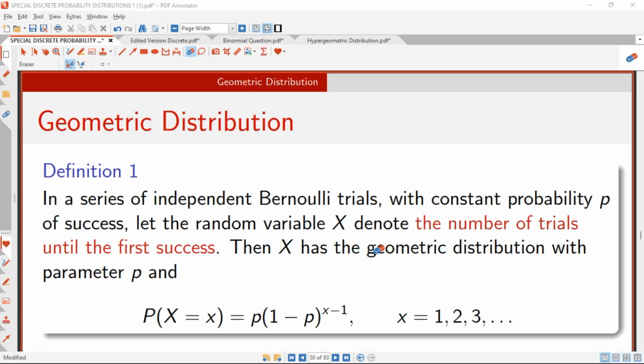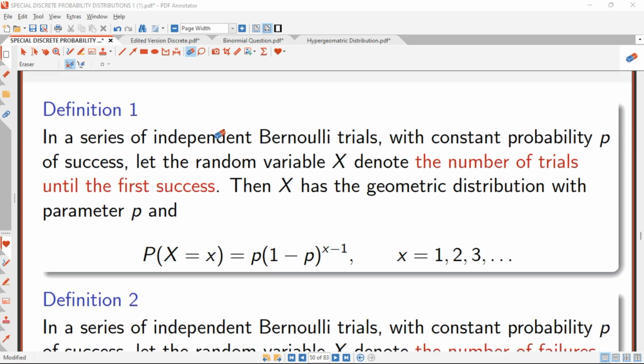Since you have understood the introduction of this geometric distribution, let's dive into how we can get our PMF. The PMF for the geometric distribution comes in two forms. The first is: in a series of independent Bernoulli trials with a constant probability P of success, let the random variable X denote the number of trials until the first success.